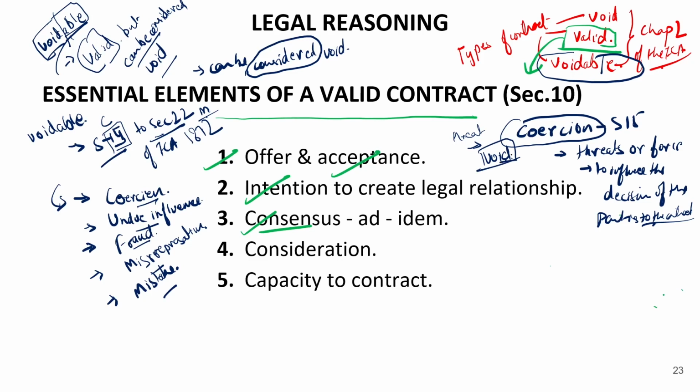The reason is that coercion, undue influence, fraud, misrepresentation, and mistake are considered grounds for causing influence and hindering free consent.